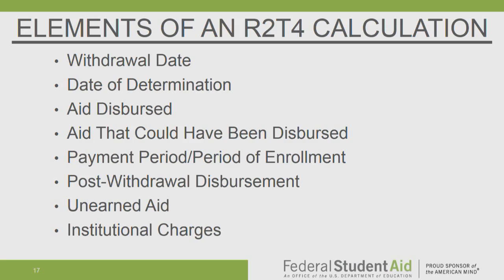Amount disbursed is the dollar amount of Title IV funds that you posted to the student ledger, or disbursed directly to the student. Aid that could have been disbursed is the Title IV funds that you packaged for the student.